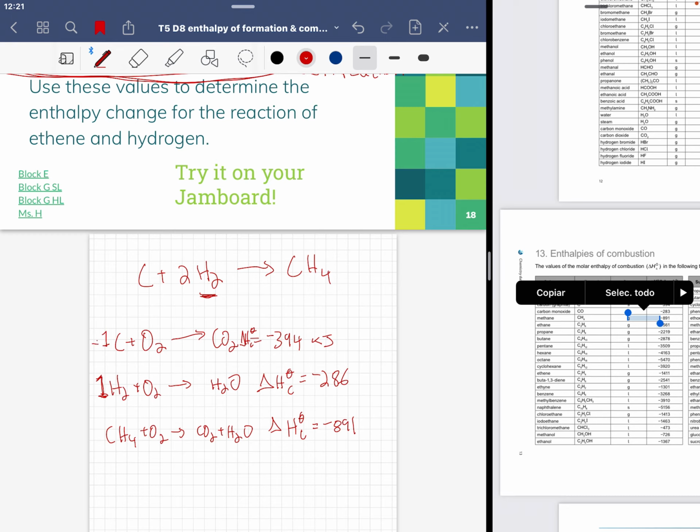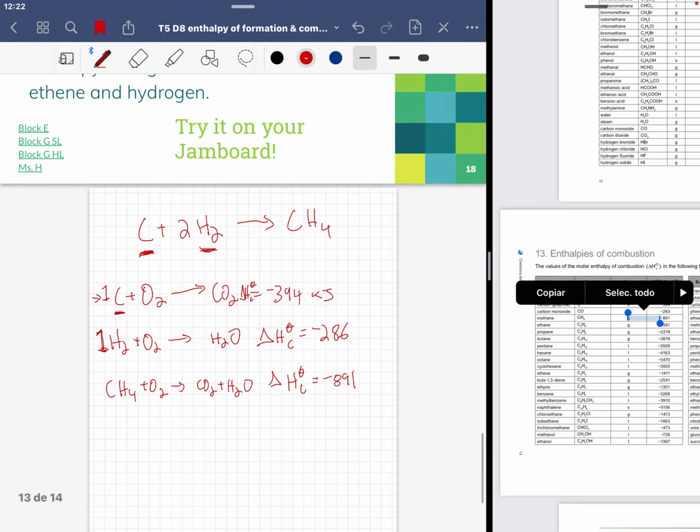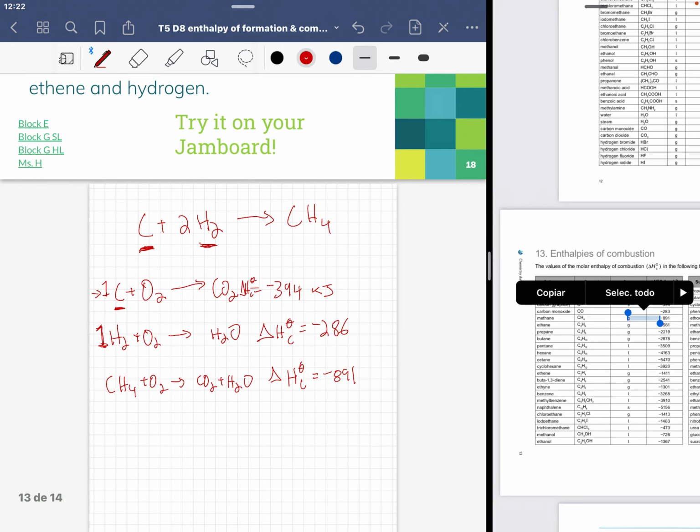I see that my first intermediate matches up in terms of both the coefficient and where carbon is. So delta H of my overall reaction, again, it happens to be a formation reaction. You could use different types of reactions. It doesn't really matter that it's formation.